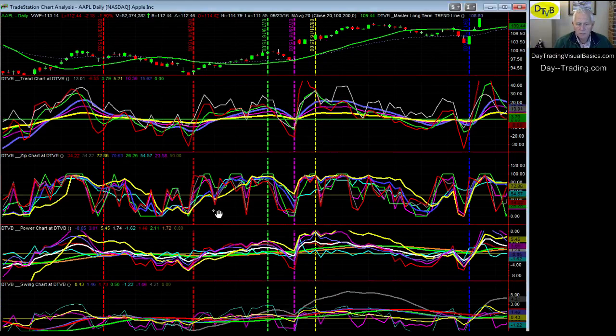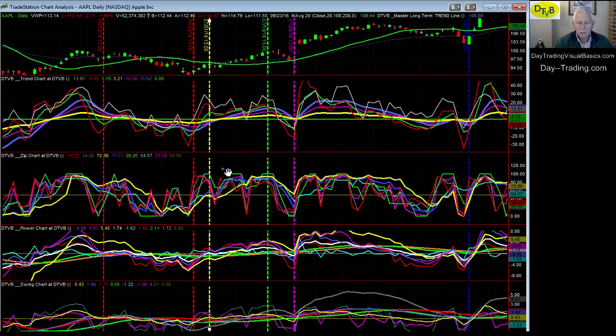Or if you see something, obviously I'm going to move this yellow line over here. Obviously on this day right here, we are in a pink-green top. The zip pink has popped out above the other lines, and if you've heard me discuss pink-green tops, that is an indication. The very first day that happens, the following day the price goes down.